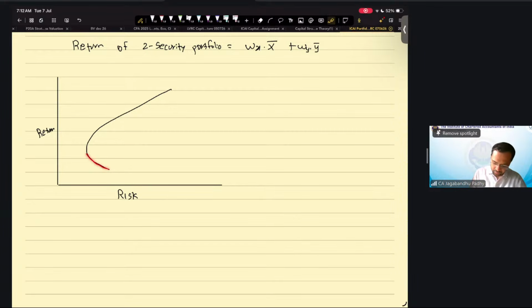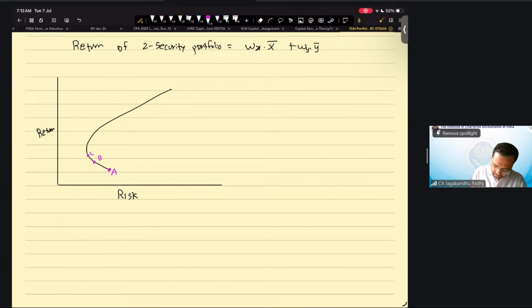If you are sitting over here, let's say at position A, it's better to shift to B because B is offering you a higher return at a lower risk. In the same way, if you're sitting at B, it's better to shift to another position C, which is going to give you higher return at lower risk.